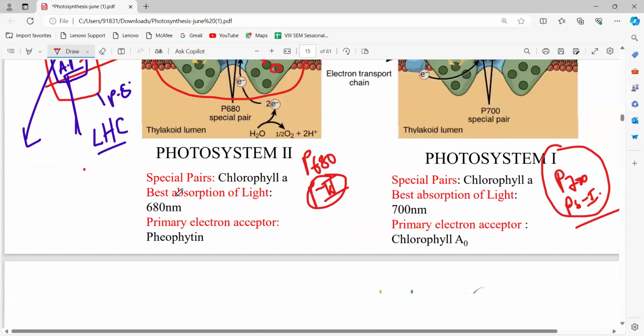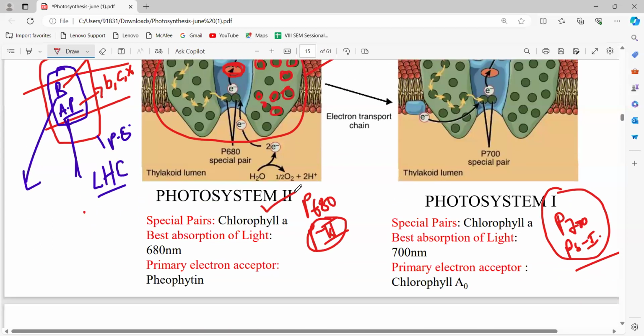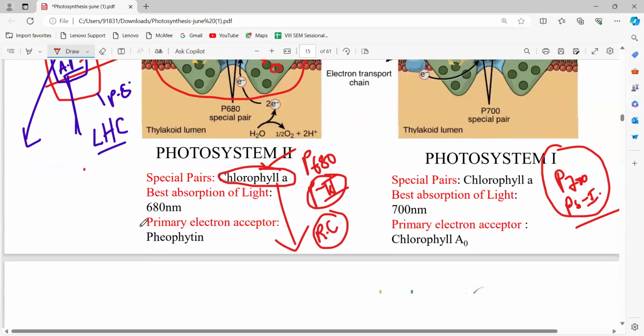Chlorophyll A. In photosystem 2, the chlorophyll A present in the reaction center absorbs the light at 680 nanometers at maximum intensity. So we call it P680.